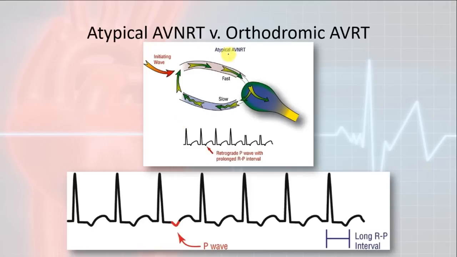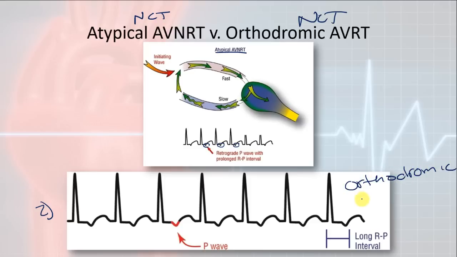Orthodromic AVRT is a narrow complex tachycardia. Atypical AVNRTs are also a narrow complex tachycardia. The difference is in the atypical AVNRTs, your P wave will be retrograde, a retrograde P wave that's displaced behind the QRS, which makes it atypical. And down here, picture number 2, this is orthodromic AVRT.